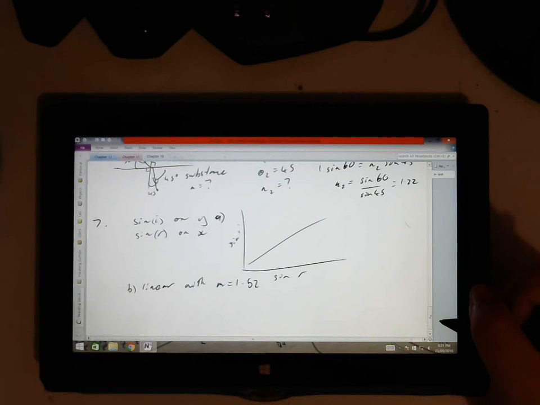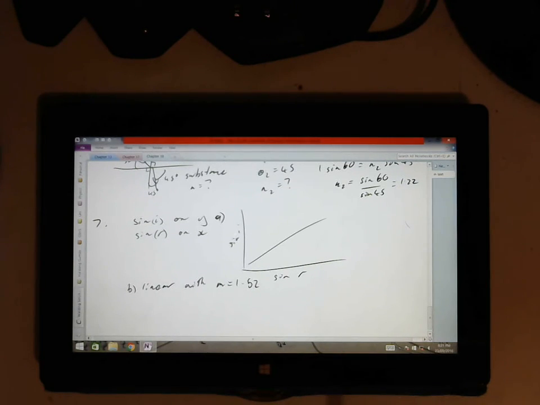If you did it the other way, where you plotted sine R on the y-axis and sine I on the x-axis, that'll give you a different gradient, but you could just as easily do it if you really wanted to. Alright, and if you did do that, I'll just check the graph quickly.